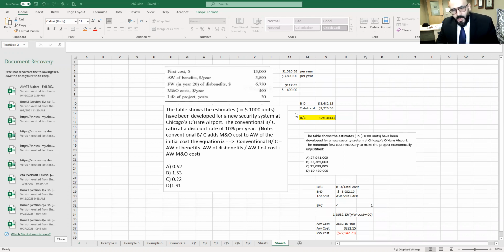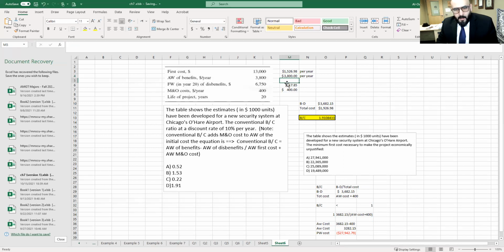In a different question, we asked about the BC ratio. So what we did here, we looked into the information that is given. We convert all these numbers into the annual worth, starting with the first cost. We used PMT, 10%, 20 years, 13,000. The 3,800 is already in the A format, no need to change it.